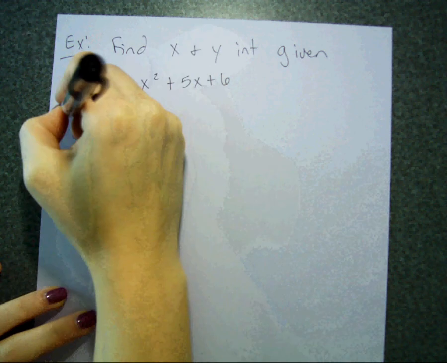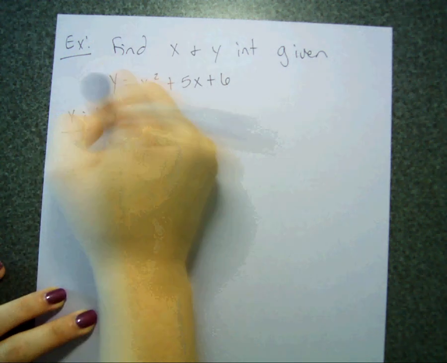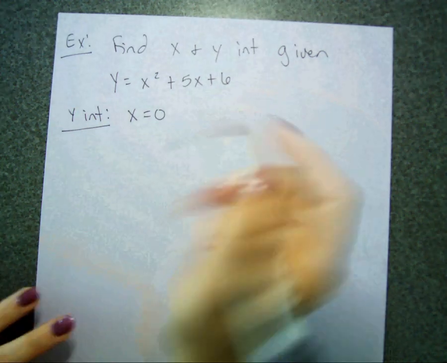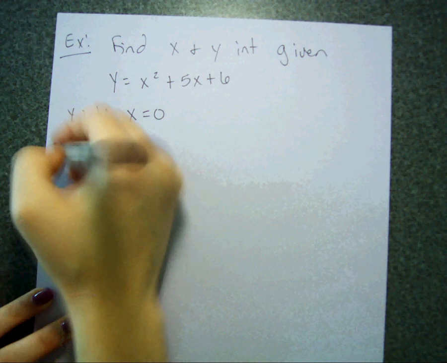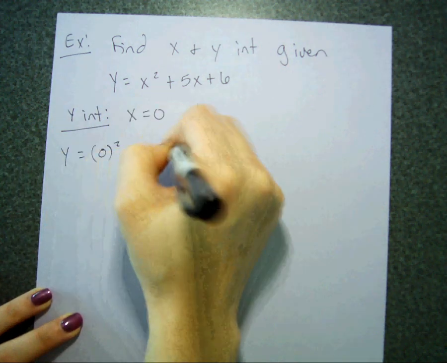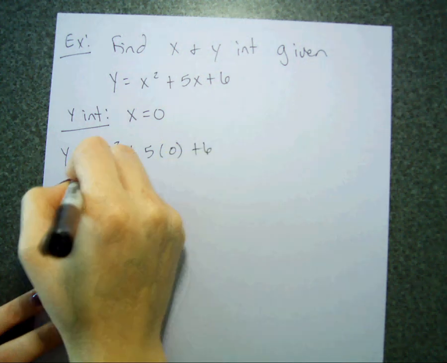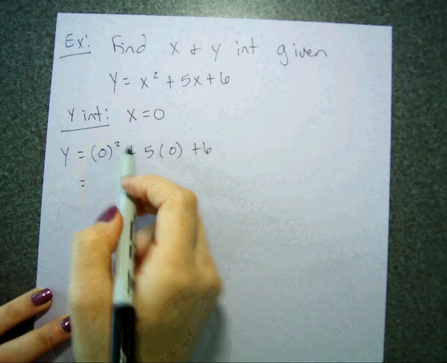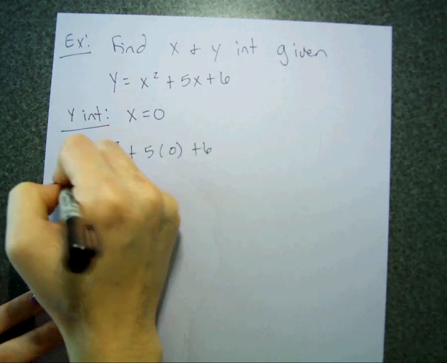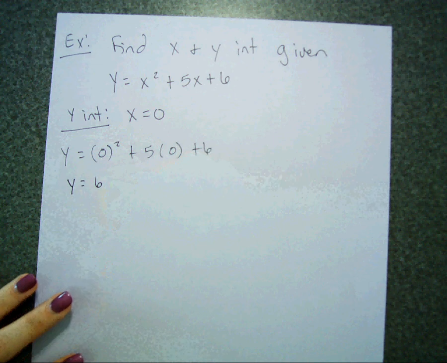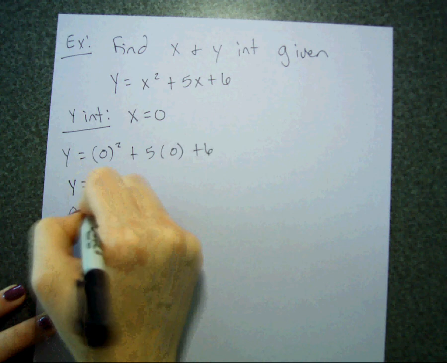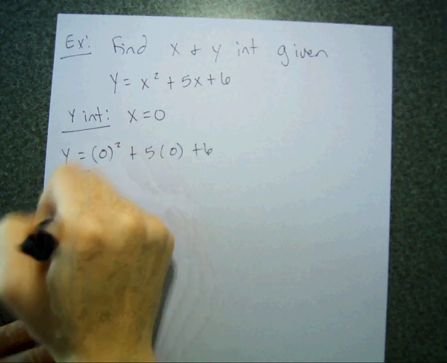So I'm going to start off, again, finding my y-intercept. We can use the property that I know x is equal to 0 at the y-intercept. So I'm going to plug in 0 for x. So I get y equals 0 squared plus 5 times 0 plus 6. 0 squared is 0, plus 5 times 0 is 0, plus 6 is just 6. So my y-intercept for this function is y equals 6, and that coordinate would be (0, 6).